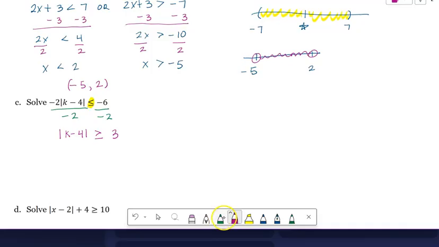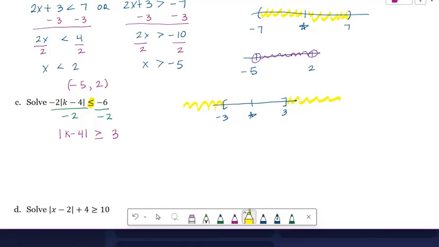Right, let's draw a picture to think about what's happening here. I have some number and I want its distance to be more than 3. So I'm wanting everything outside over here farther away than 3 and outside here farther away than -3.